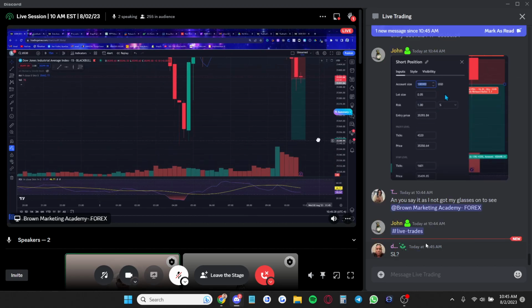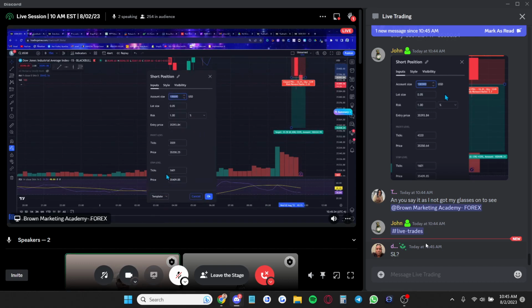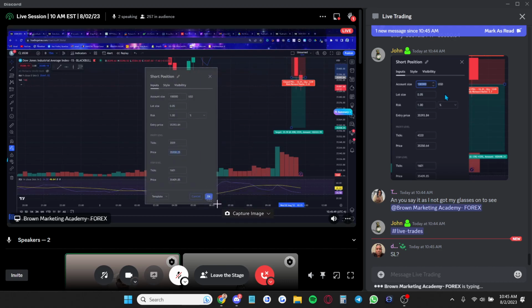Actually, guys, I'm going to change my TP. I'm going to change it to right below this red candle right here. I'll put it in the chat. Stop level, profit level. I'll put the stop level in right now: 35409.85.